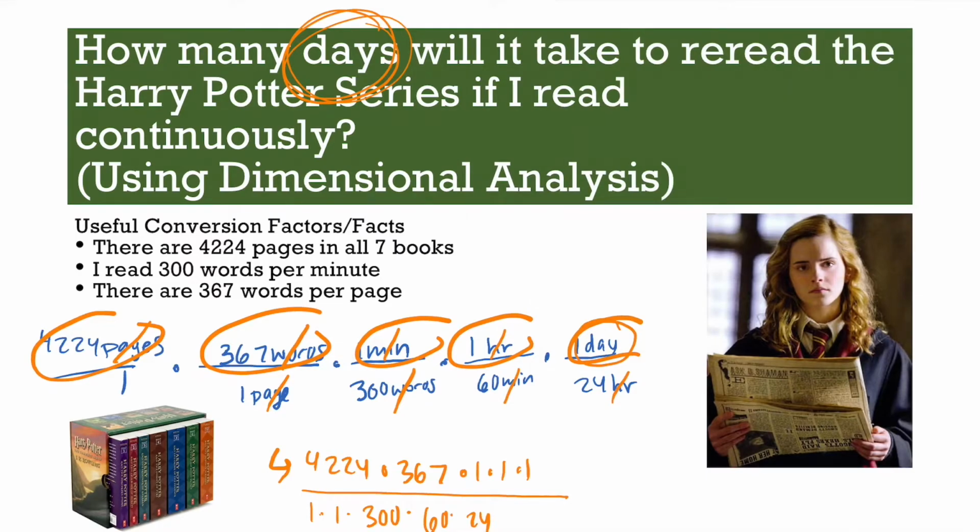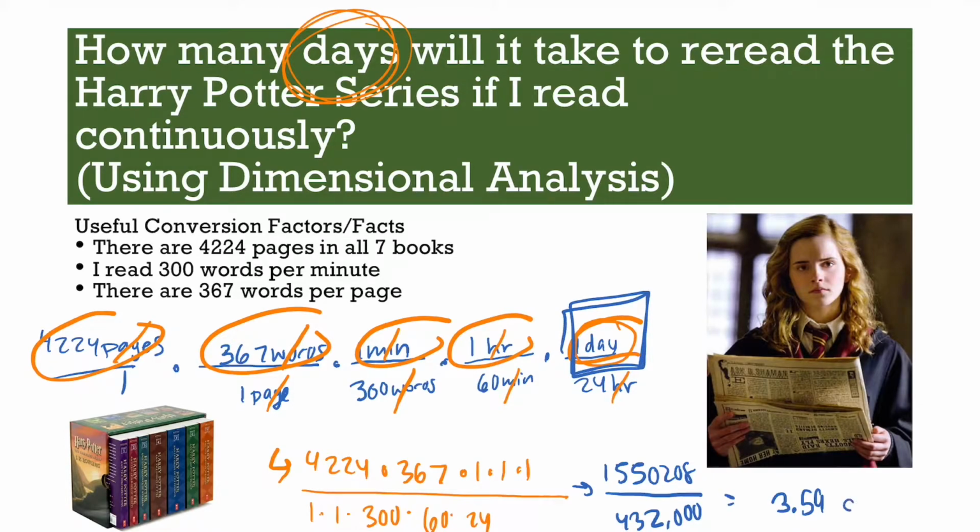If we plug this into a calculator, which I did beforehand, I get 1,550,208 divided by 432,000. And when I do that on a calculator, I get 3.59. And our unit, remember, the only thing we didn't cancel is days. So it would take me 3.59 days if I read continuously at 300 words per minute to read all 7 Harry Potter books. Okay.